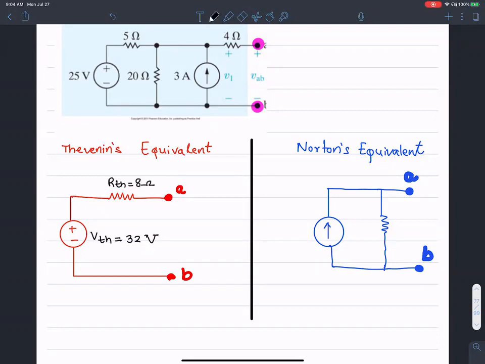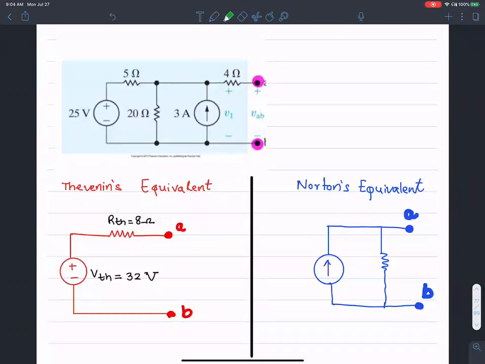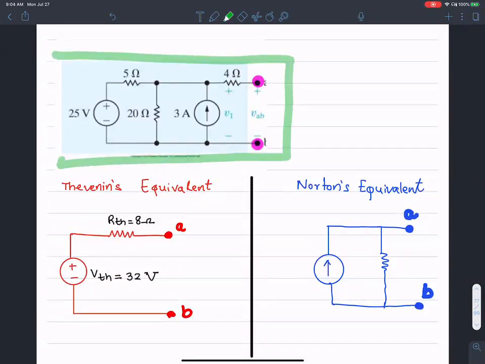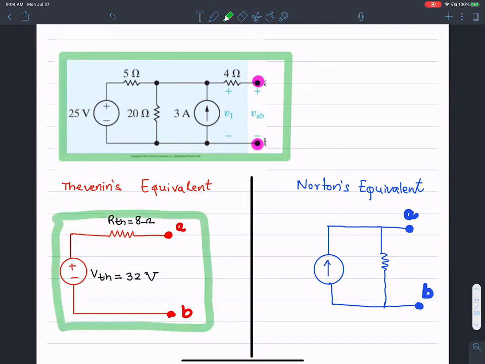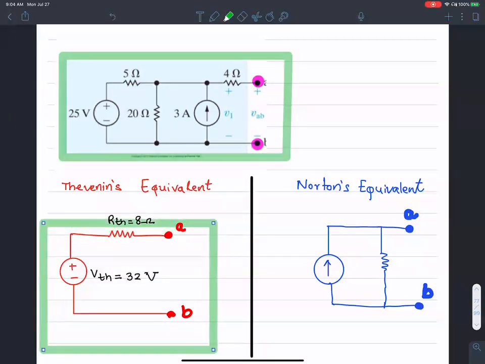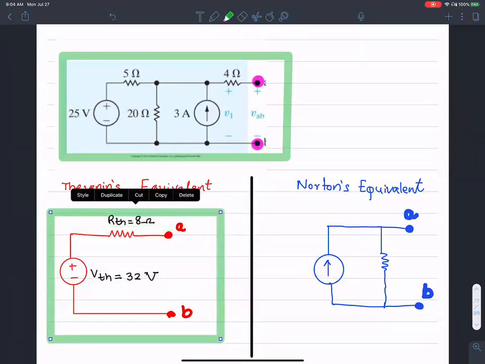So the argument was that all of this circuit behaves exactly the same as this circuit. The one shown on the bottom left is the exact equivalent of the one shown on the top as far as the terminals A and B are concerned.